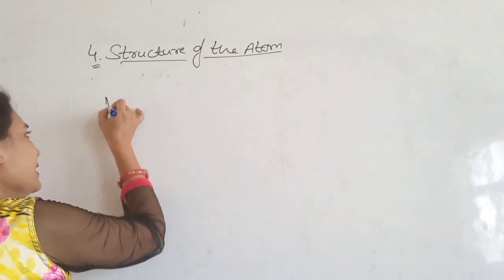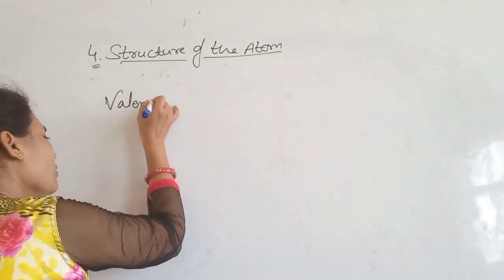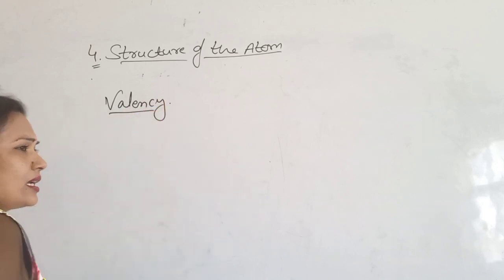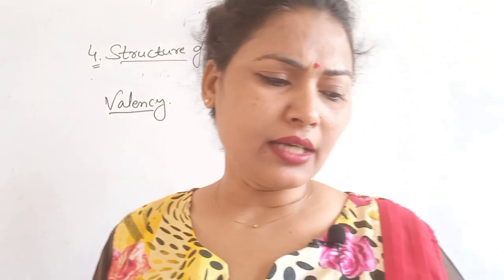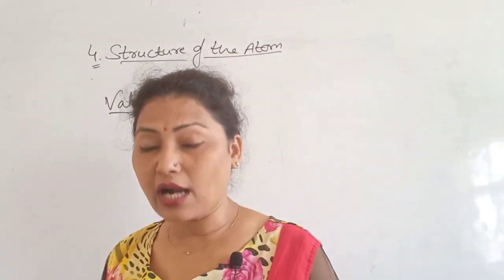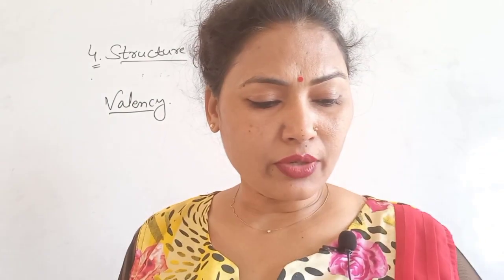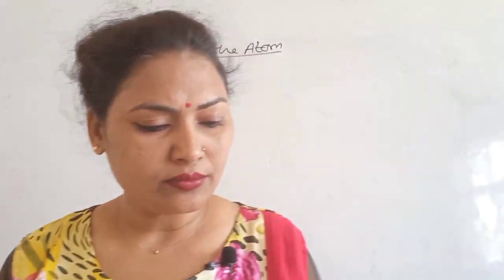So you can write the next one, that is valency. Valency is the combining capacity of an element. And the outermost electrons are known as the valence electrons. Okay.